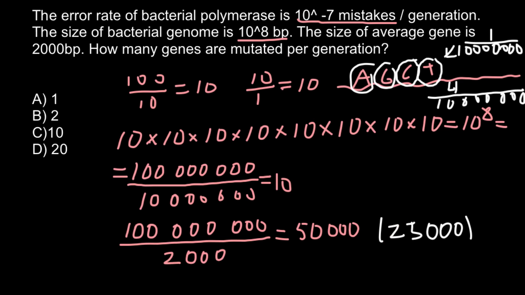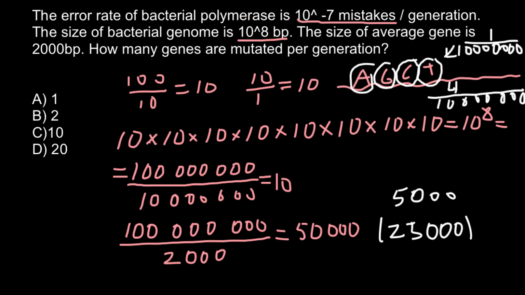This is completely unrealistic. A realistic number would be 5,000 genes. So this number would be more realistic, and that means that here we have a mistake.